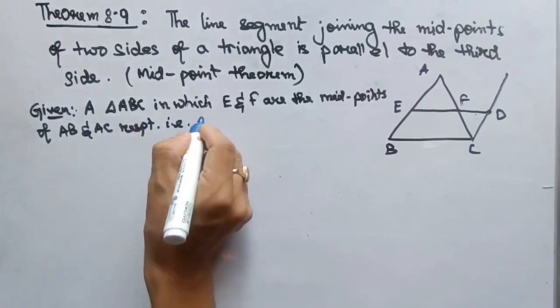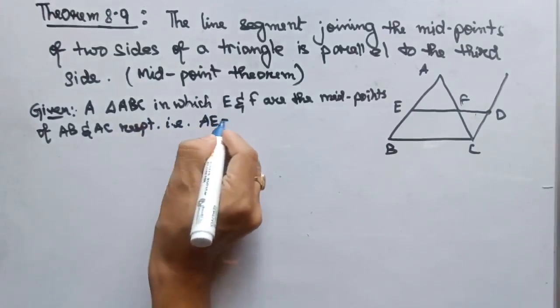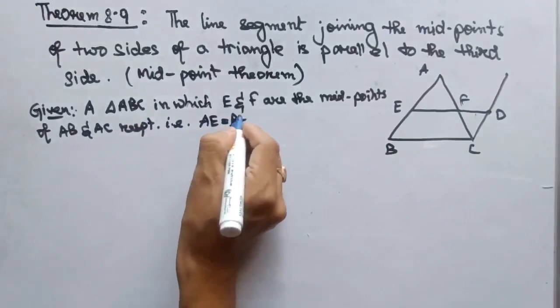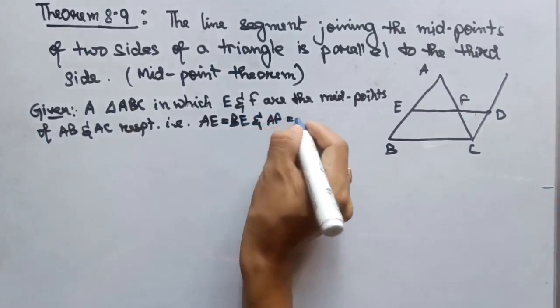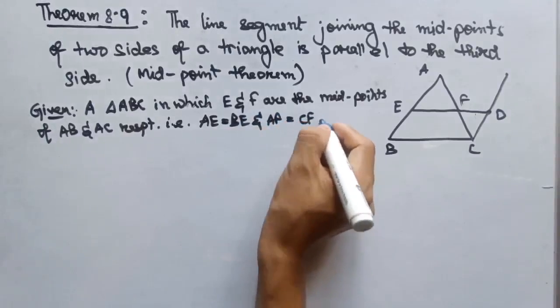That is, AE equal to BE and AF equal to CF.